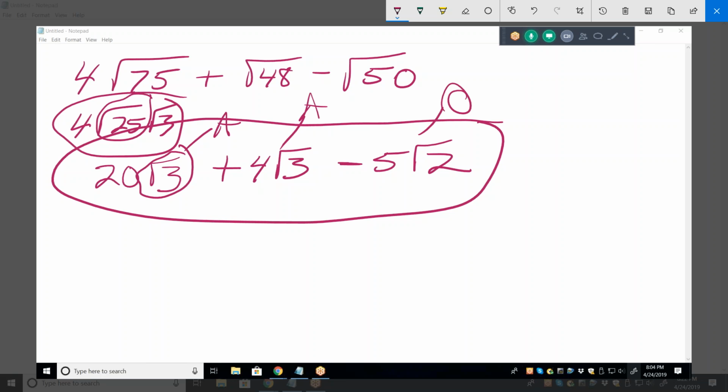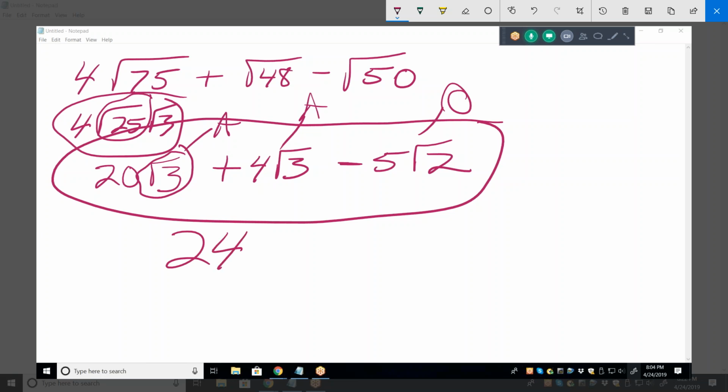We got 20 apples plus 4 apples. 24. Okay, that's your answer.